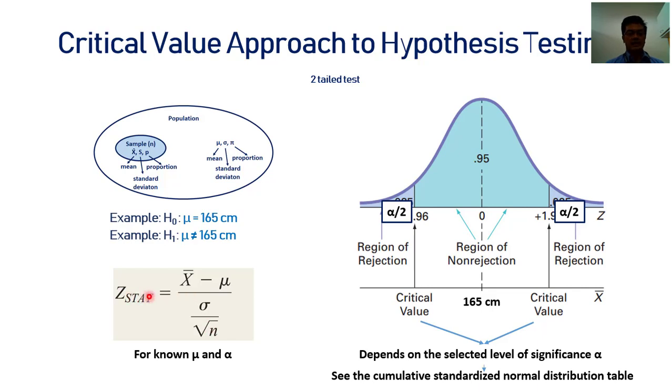The z statistic equals x bar minus mu, which stands for the population's mean, divided by the standard deviation of the population divided by the square root of the number of the sample. This z statistic can be applied when we have the information concerning the mean and the standard deviation of the population.